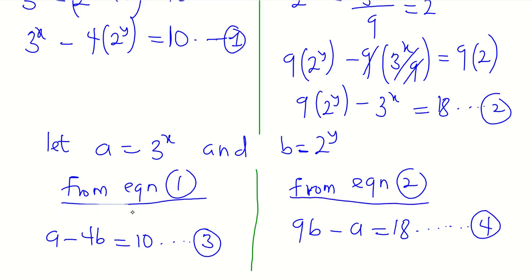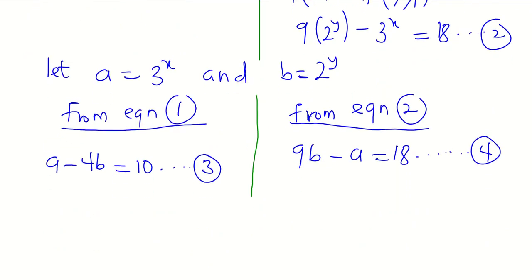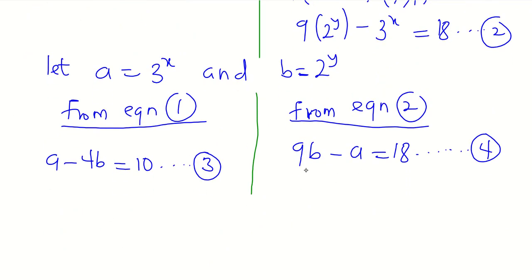Now we are going to use the method of elimination to find the values of a and b. We can rewrite equation 4 as minus a plus 9b, which is equal to 18. It's the same thing, we just change their positions.